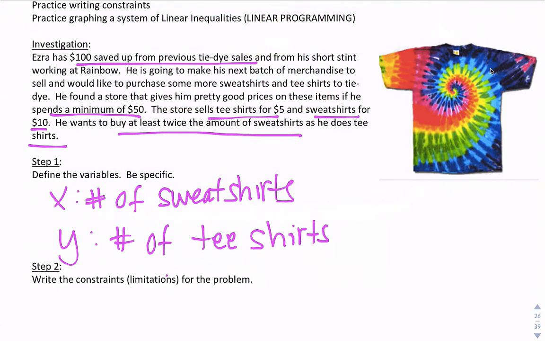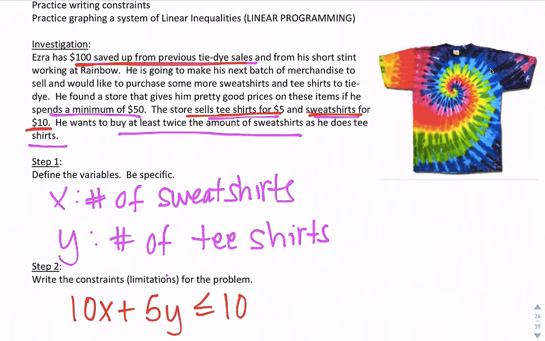So one of the constraints is that the store sells t-shirts for $5 and sweatshirts for $10, and he only has $100 saved up. Okay, so let's write that one first. We could say $10 for every sweatshirt, $5 for every t-shirt, and we can spend less than or equal to $100. So there's the first one.